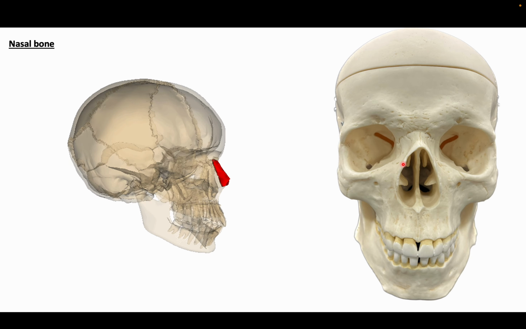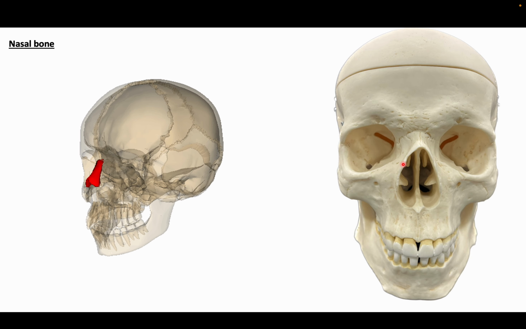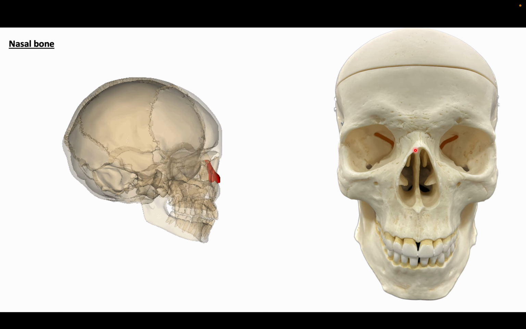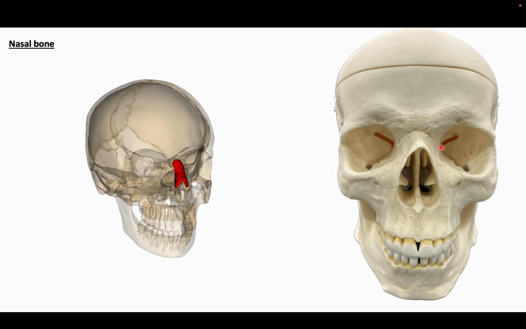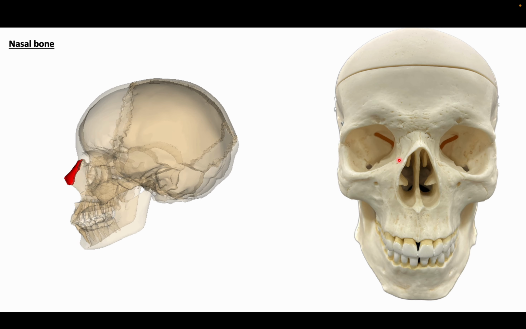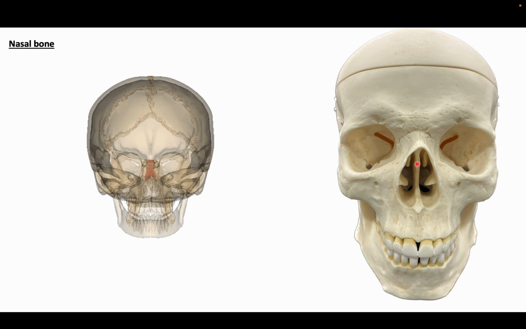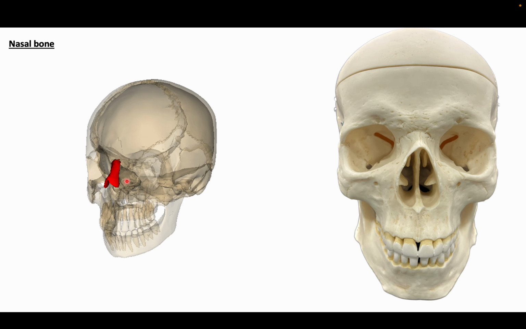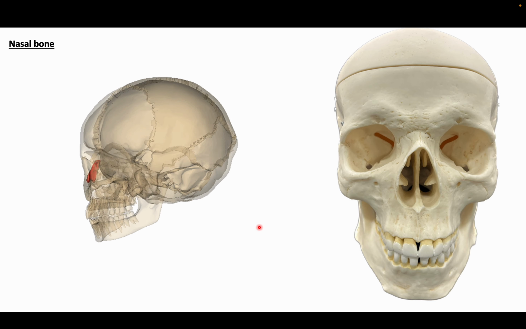It's located in the upper part of the face, and it's going to join together to form the bony part of your nose bridge right here. So this region right here is the nasal bone. Again, more visible in this rotating diagram.